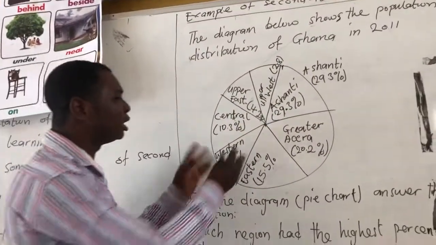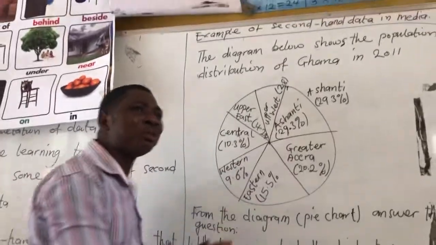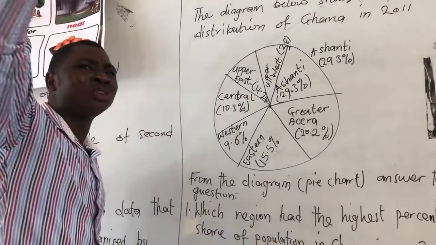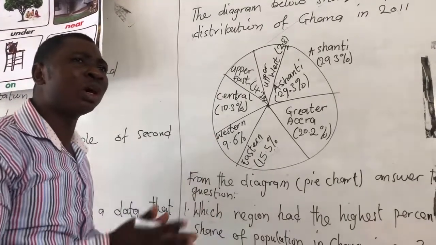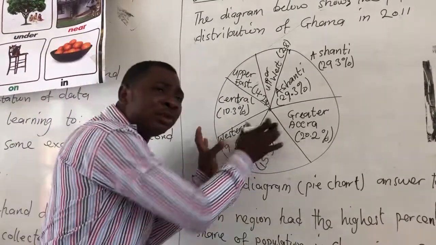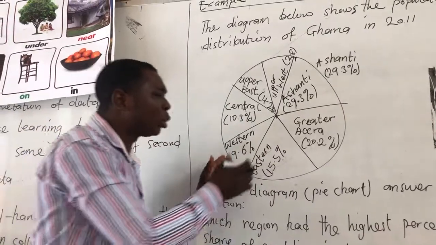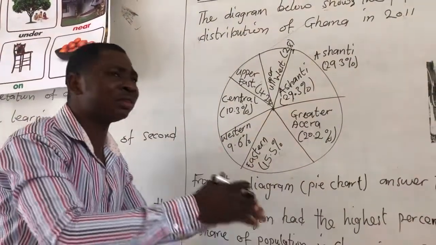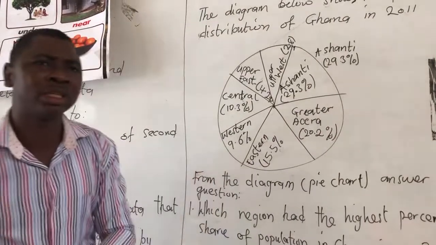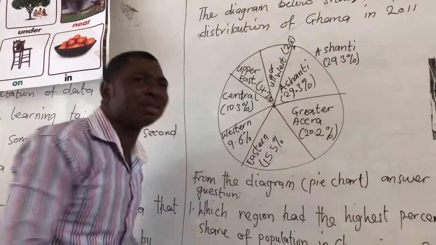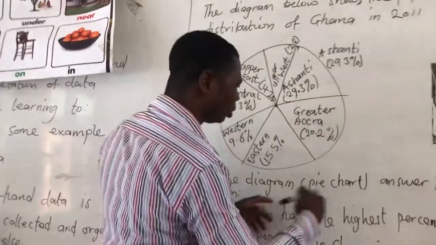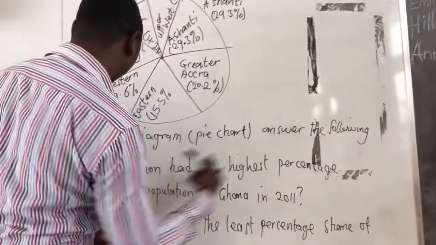This information is second-hand because this is from the media. You were not even there, you don't know how it was, but the person brought the information. Now you are going to interpret this information based on the question you are asked.